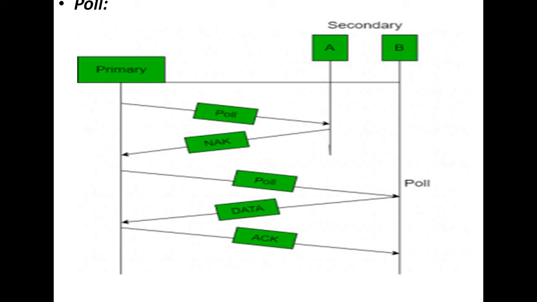If the primary site wants to receive some message from the secondary sites, first it transfers a frame towards the secondary site A station, and it first checks whether the secondary system A is free or not.